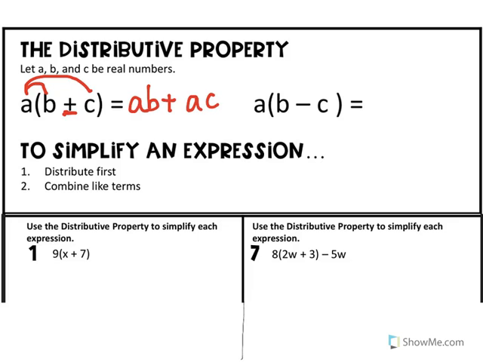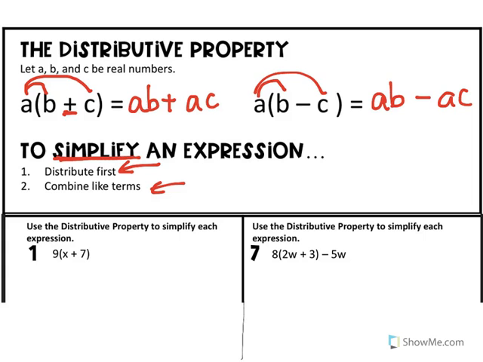They are both equal to each other. Same for subtraction. A times B minus A times C is the same as A times B minus C. And we use those so that we can simplify expressions where we have to distribute first and then combine like terms.